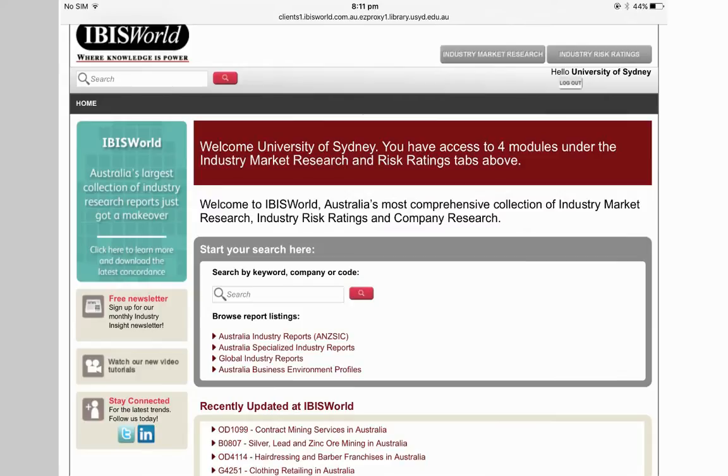It looks at the competitive landscape, outlook and challenges faced by industry. You can search by keyword, for example, beer, for the beer industry, or click on the two categories, Australian industry reports or Australian specialised industry reports. That specifically looks at emerging markets.